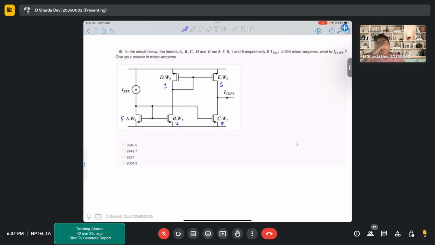We have to find the value of I copy, that's the current. So how will we start? How to start for this problem?